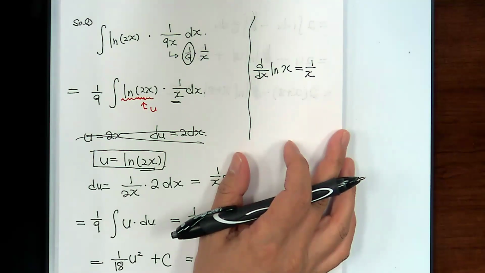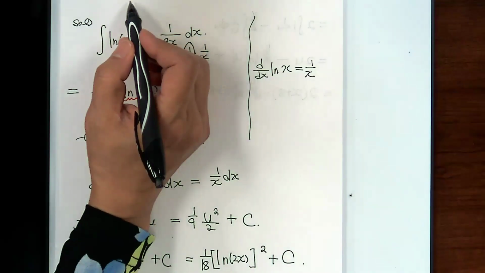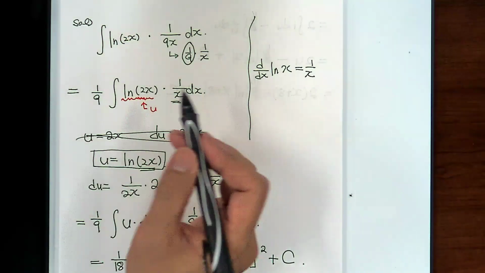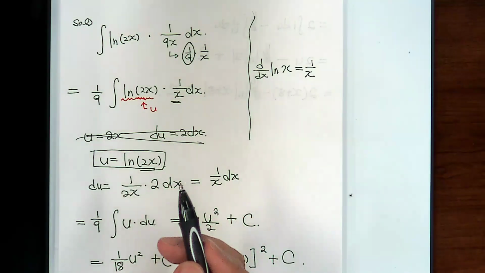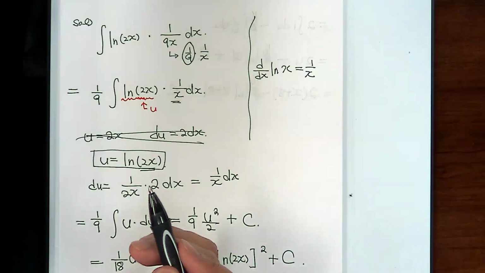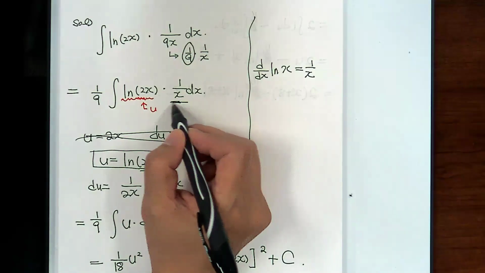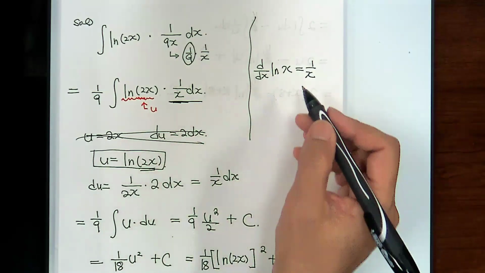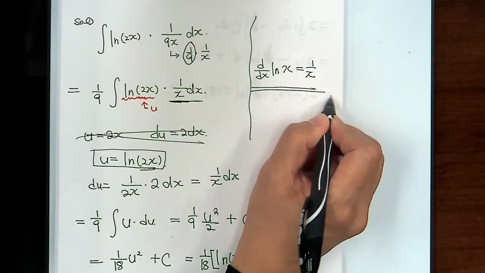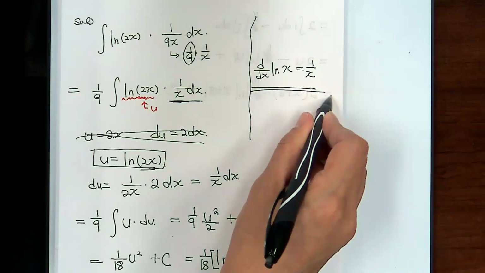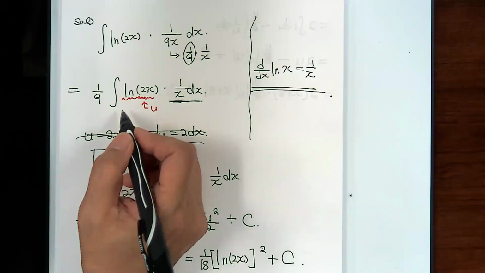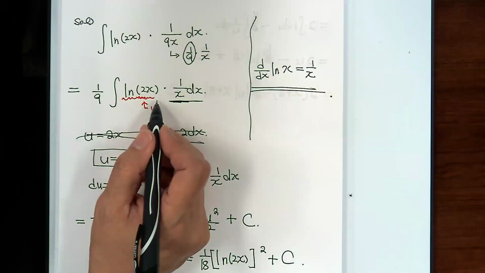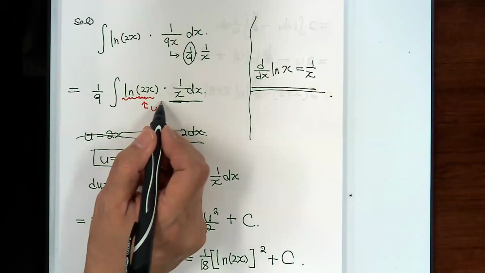So what I did was I regarded this one as a product function. And I observed that 1 over x has something to do with the derivative of natural log, right? So I decided to put u equals natural log.